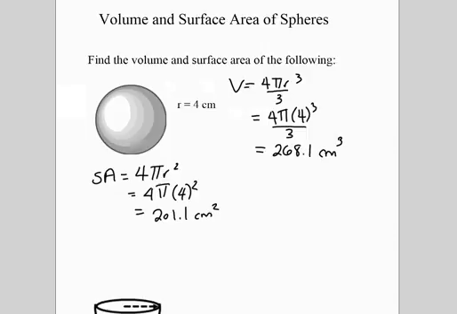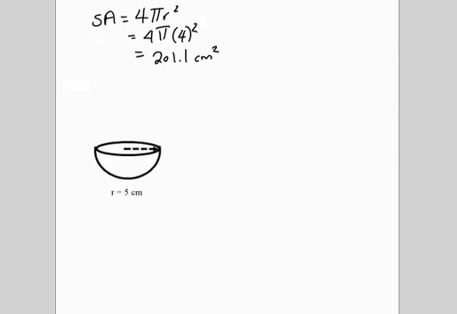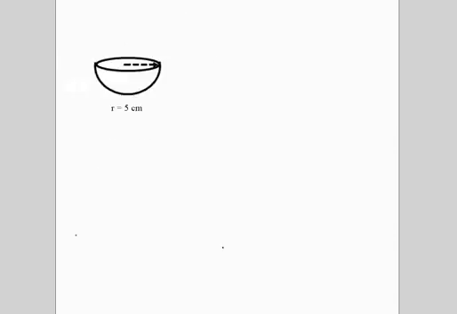Now the next shape, this shape here, is a hemisphere. So a hemisphere is just half of a sphere. So then if we think about the volume formula, which was 4 pi r cubed divided by 3, we're going to take that formula, we're going to do all of that, and then we're going to divide it by 2. Now, some people will think, gee, is there another way I can do that? And some people will mistakenly think, couldn't I just divide by 5?